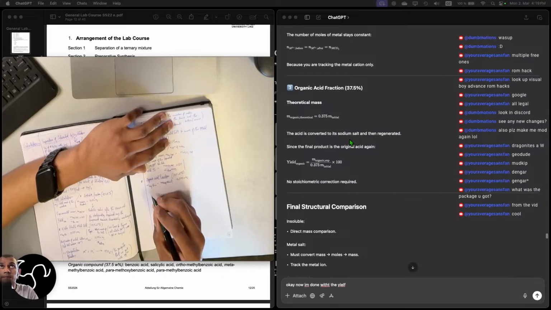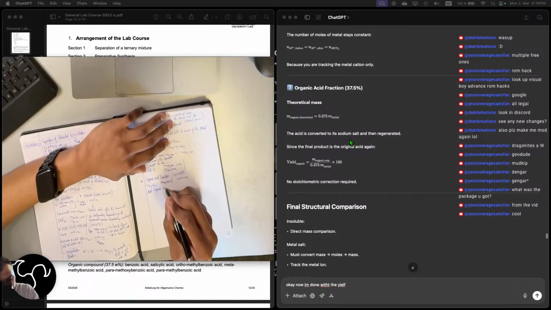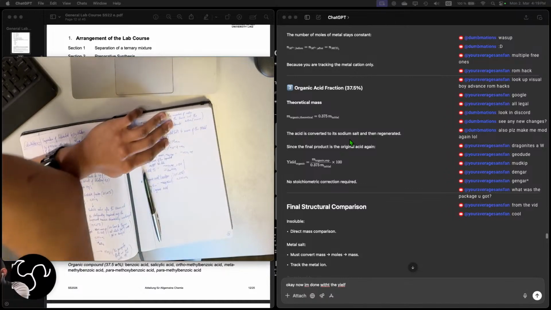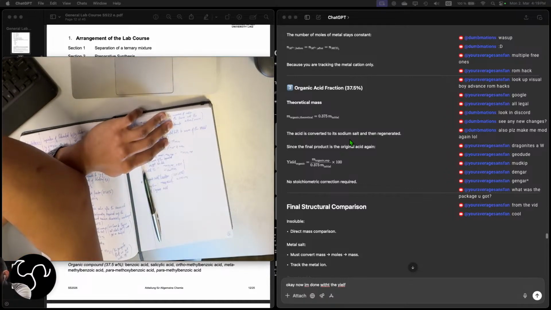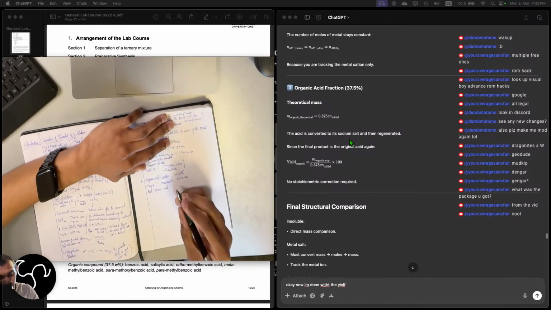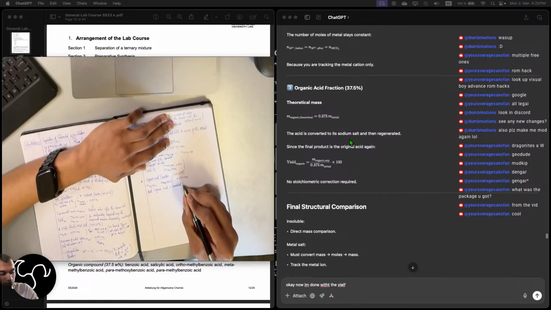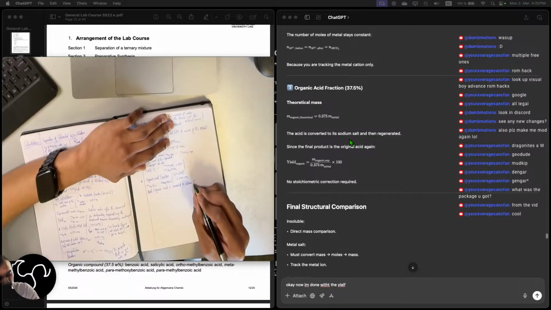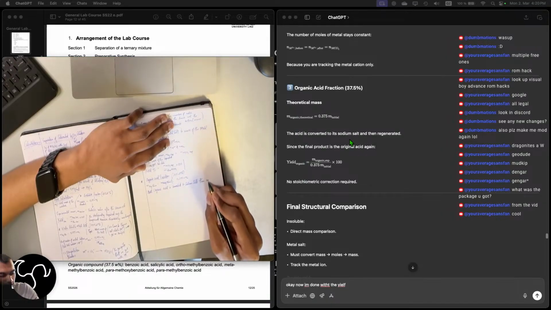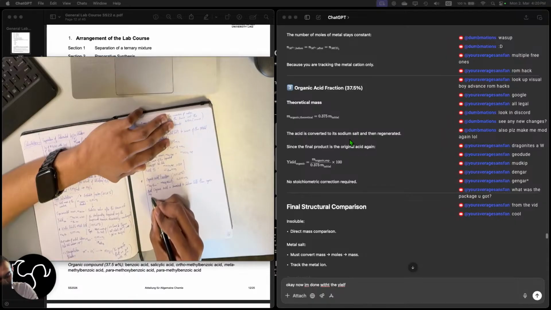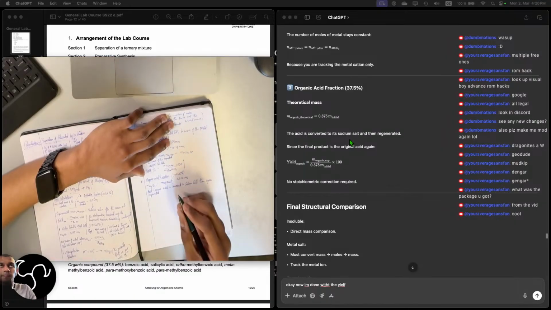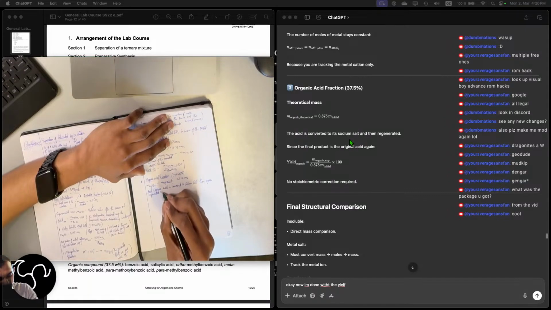Now, organic acid is converted to sodium salt, then again regenerated using acid.